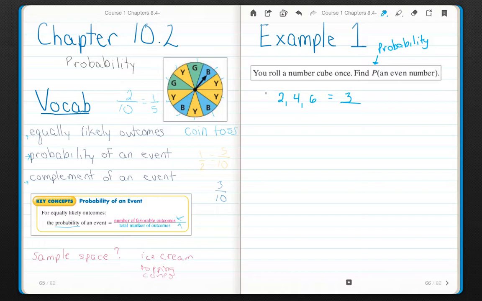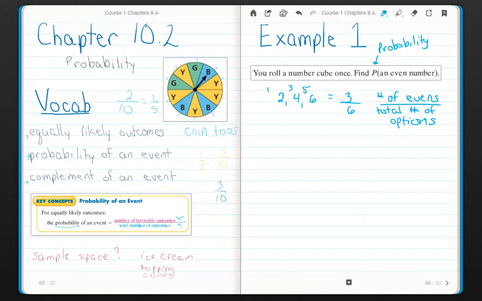There are a total of 6 numbers, though. So the number of evens over the total number of options. So I could roll a 1, I could roll a 2, I could roll a 3, could roll a 4, could roll a 5, or roll a 6.